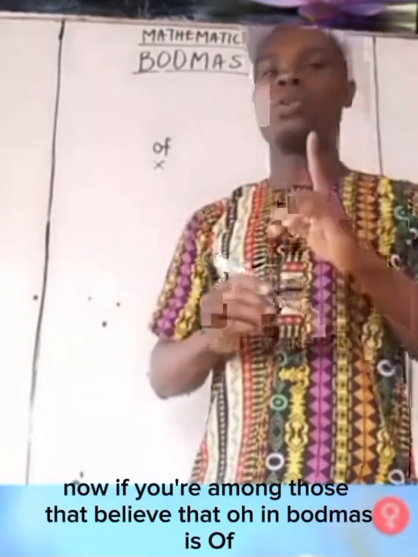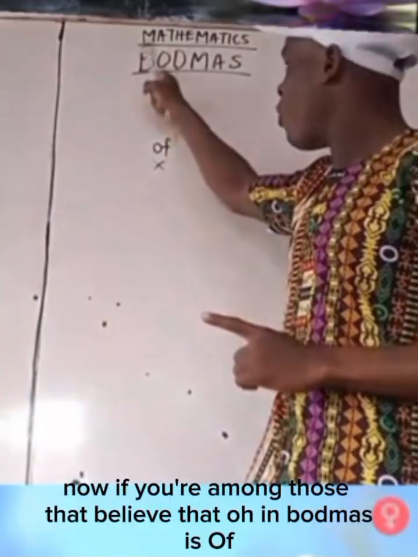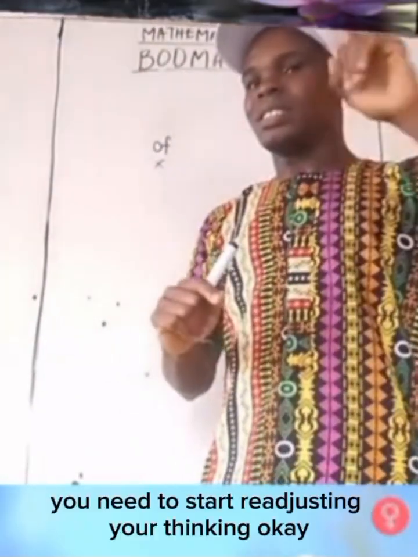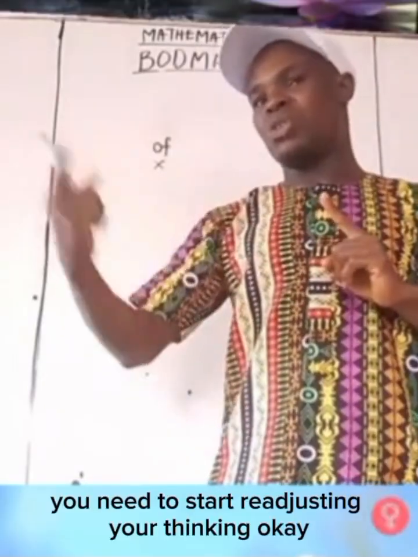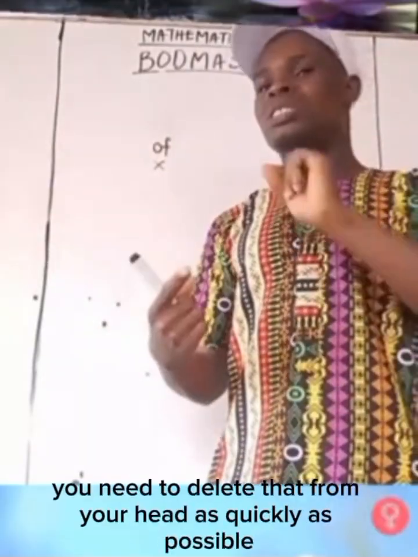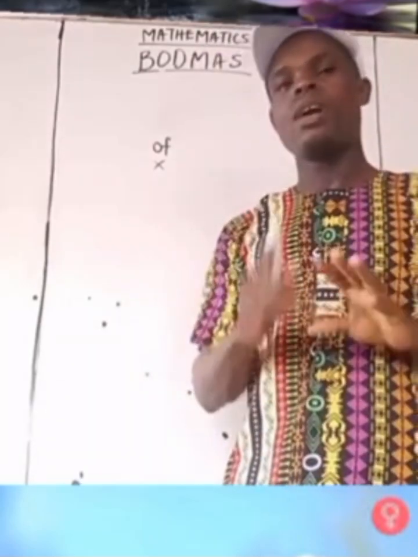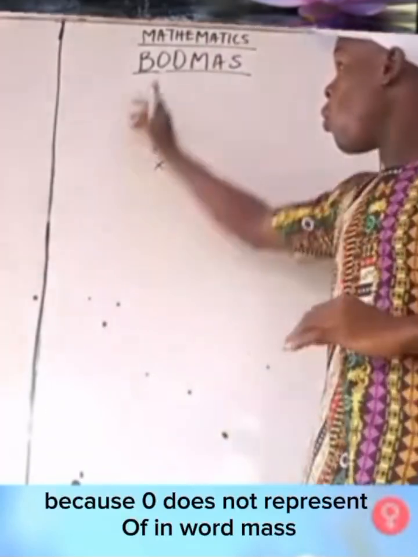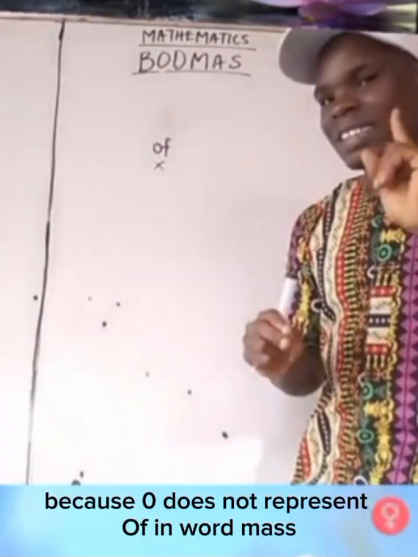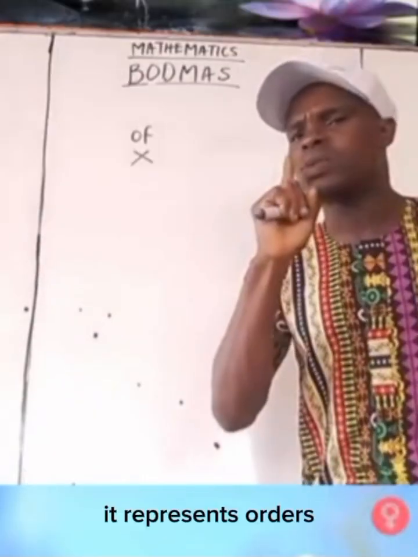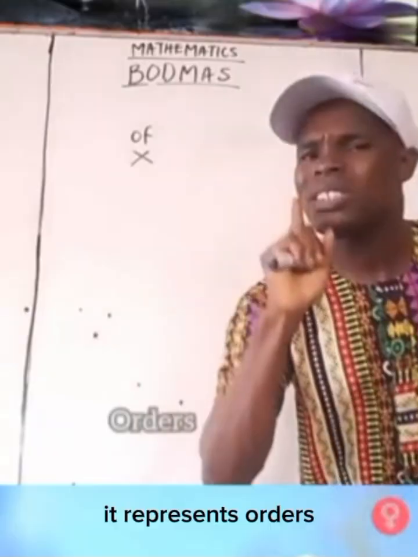If you are among those that believe that O in BODMAS is off, you need to start readjusting your thinking. You need to delete that from your head as quickly as possible because O does not represent off in BODMAS. It represents others.